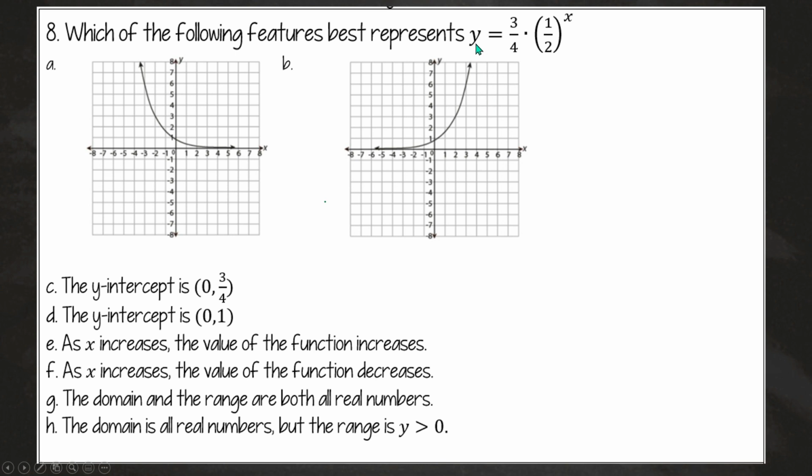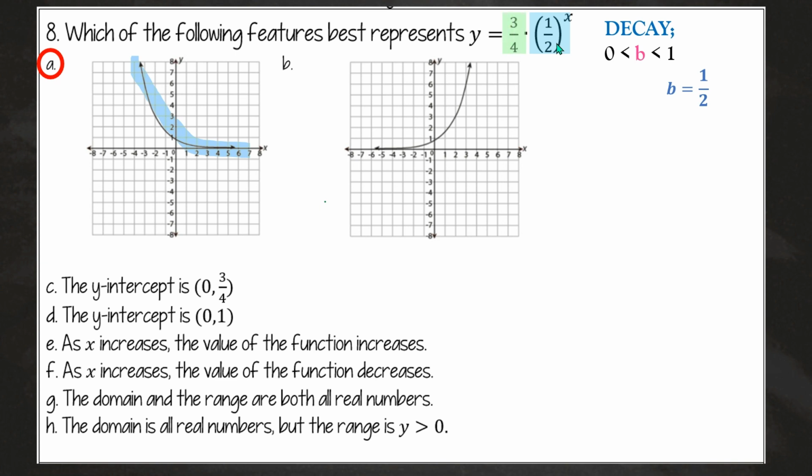So looking at our function, y is equal to 3/4 multiplied by 1/2 to the power of x. The 1/2 is our B term or our ratio. And because that B is equal to 1/2 or between 0 and 1, I should have exponential decay, which is option A.